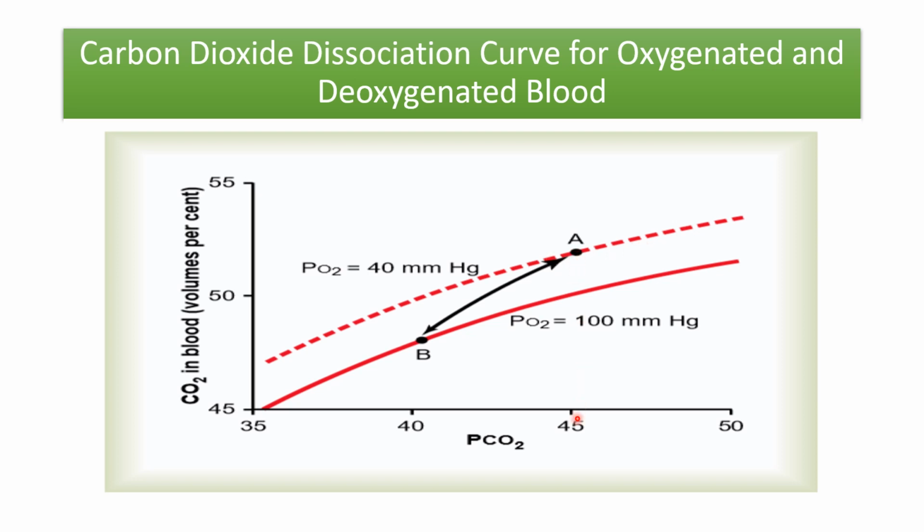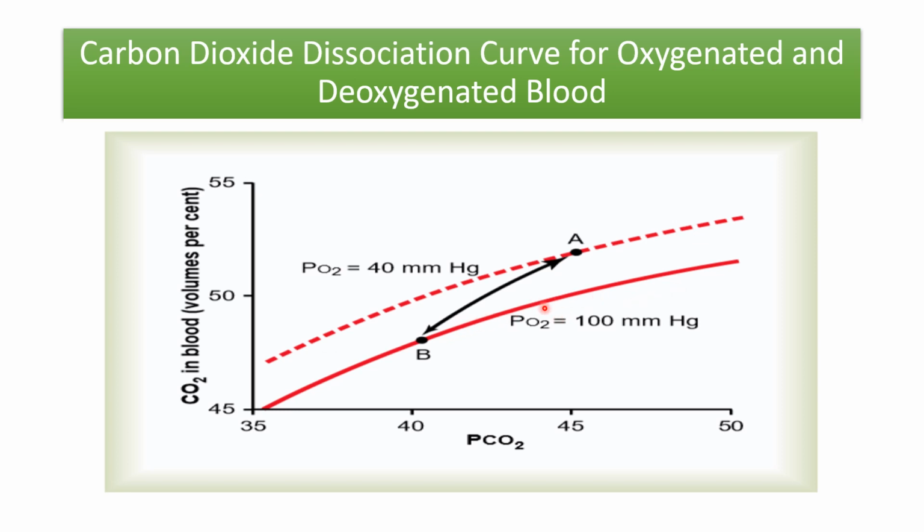Partial pressure of carbon dioxide is 45 mmHg at the tissue level, and partial pressure of oxygen is 40 mmHg, you know. And what is the carbon dioxide content? It is 52 volume percent. Now look at the oxygenated curve.